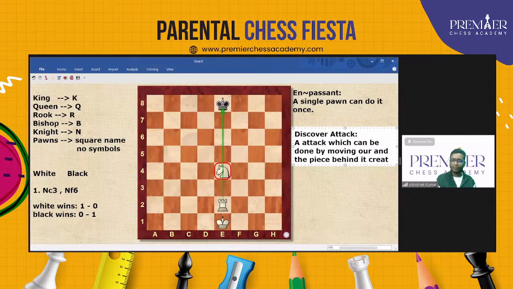Attack which can be done by moving our piece, P-I-E-C-E, and the piece behind it creates the attack.